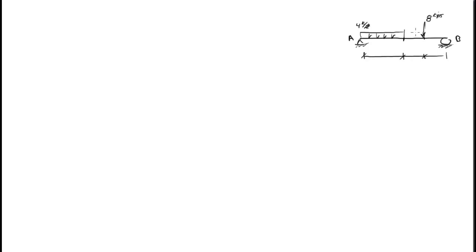Okay, how to draw the bending and shear moment diagram for this beam? First of all, we need to find out the reactions or the reaction forces in the support. So in order for us to do this, we need to basically apply the 3 equilibrium equations, which are the summation of the forces in the x direction should be equal to 0, the summation of the forces in the y direction should be equal to 0, and summation of the moments about a point should equal to 0.